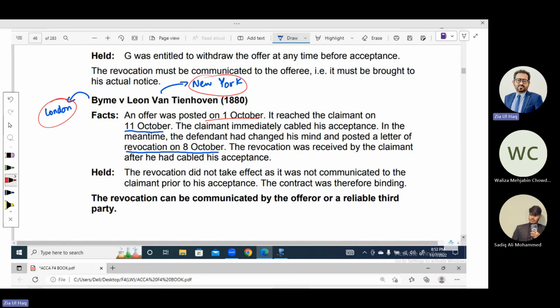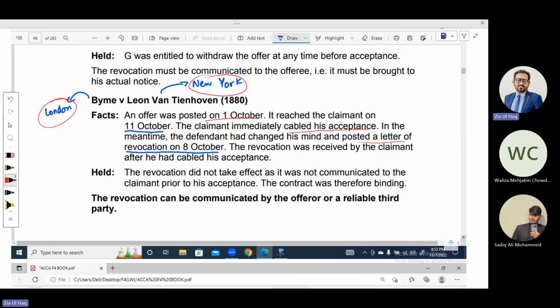And the claimant immediately cabled his acceptance, and on 11th October, B accepted the offer and sent a letter to L. In the meantime, the defendant had changed his mind and posted a letter of revocation on 8th of October. When the offer was made on 1st October, it reached the offeree on 11th October.